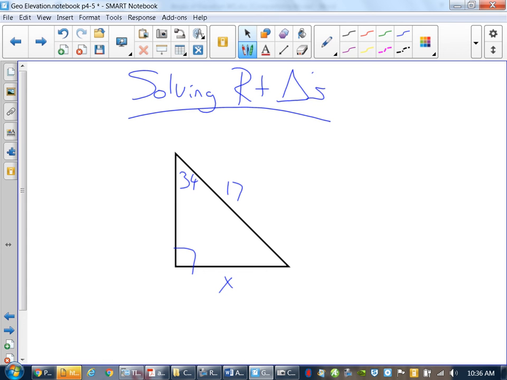Now, in order for us to find those 2 angles, we're just going to use whatever given information was given to us and use trig: sine, cosine, tangent, and if you're finding angles, you're using the inverse.